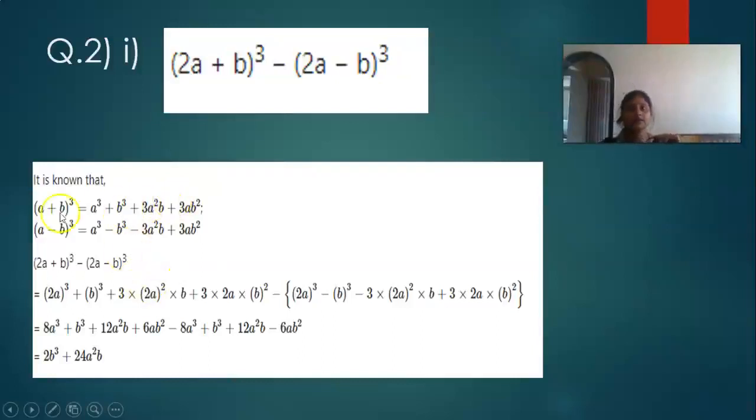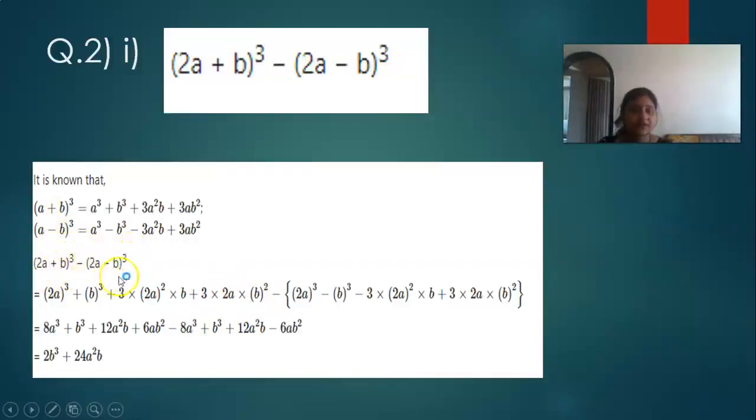Okay, first (2a + b)^3. We will apply the formula here. A is 2a and B is exactly b only. So let's continue. A cube plus B cube plus 3 times A square into B plus 3 times A into B square. This was only for this term. We have split it.